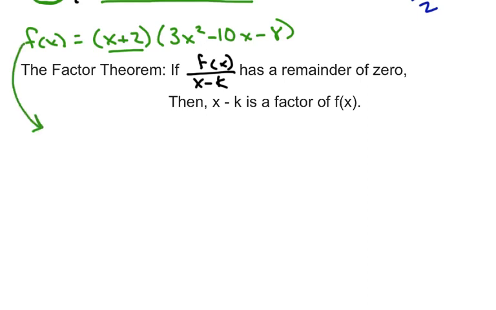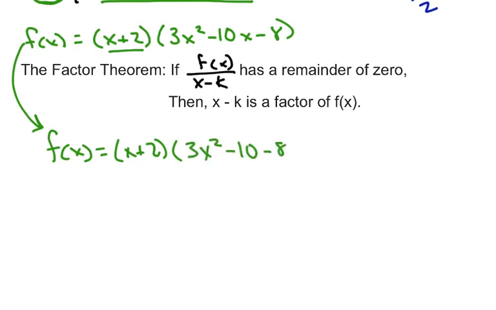Since we already know what one of those factors of f of x is, that's x plus 2. And then we still have this 3x squared minus 10x minus 8. Well, we can use what we know about quadratics to factor that part into 3x and x. And we can factor 8 into 4 and 2 to make 12.